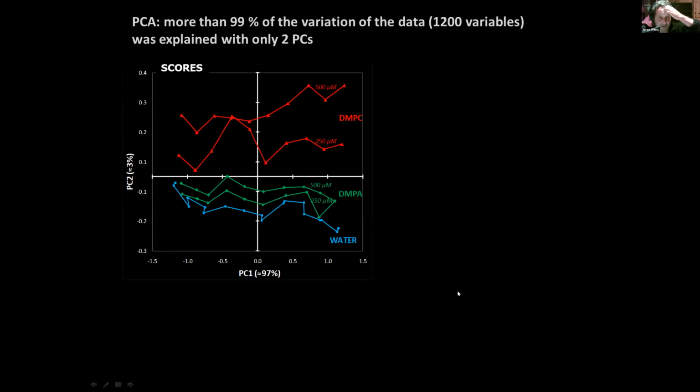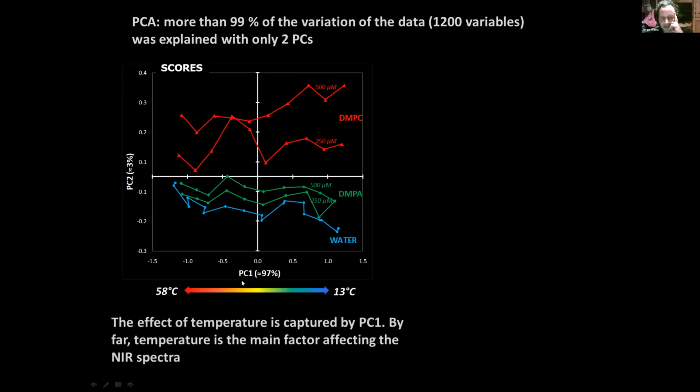Let's go straight to the results. This is the PCA output, where more than 99% of the variation of the whole data was explained with only 2 principal components. Here, in PC1, for instance, we have the variation of the temperature from 13 to 58 degrees.